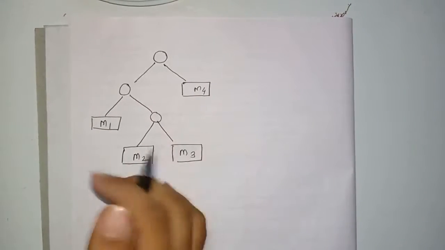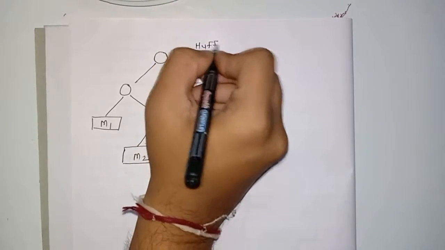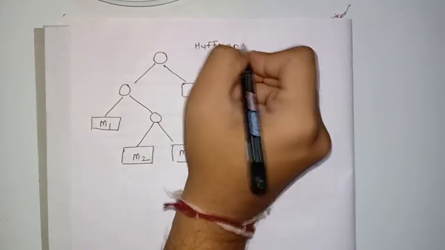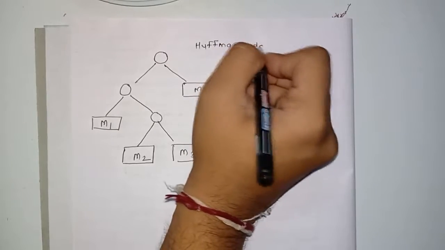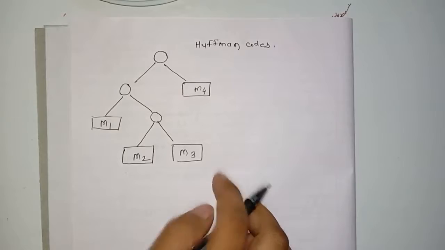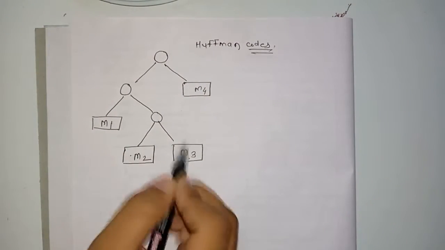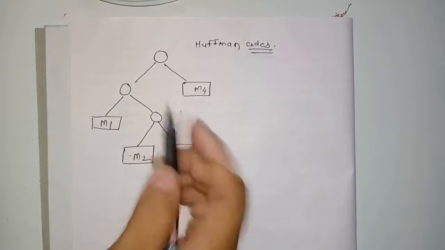Consider this is the Huffman tree and we have to calculate the Huffman code for it, for messages M1, M2, M3 and M4.